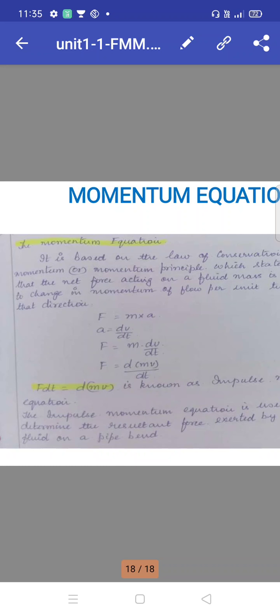So it should be avoided, and we replace it with galvanized material. These are the main things here. This is the momentum equation, especially utilized in bent pipes.